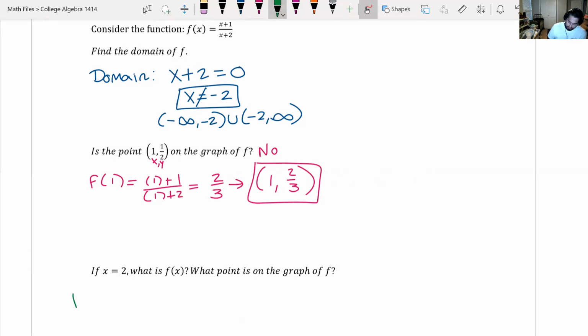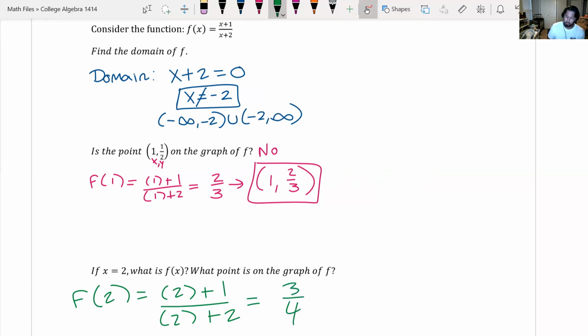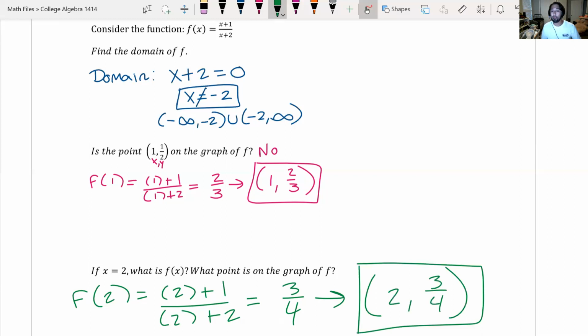So, once again, f of 2 gives me 2 plus 1 over 2 plus 2, and we'll get 3/4. So when x is 2, y is 3/4, and this makes the point 2 and 3/4 on the graph. All right.